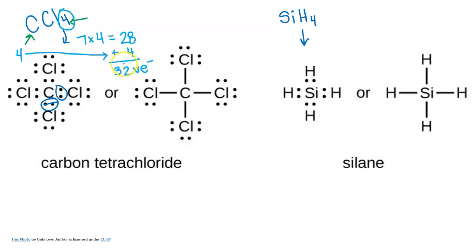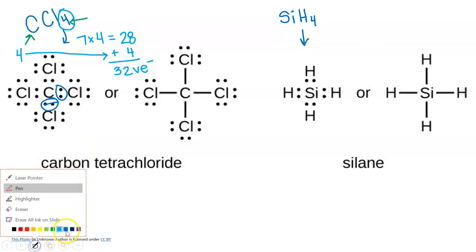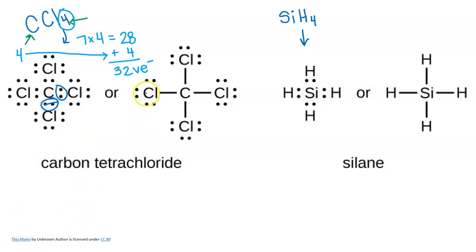So let's just count to see what we have, okay? Here, let's change the color. I know we like colors a lot. So we have, this is going to count as 2, 4, 6, and 8. All right, so that's 8. So we can take 8 away from that. And what does that leave us? 24 total.